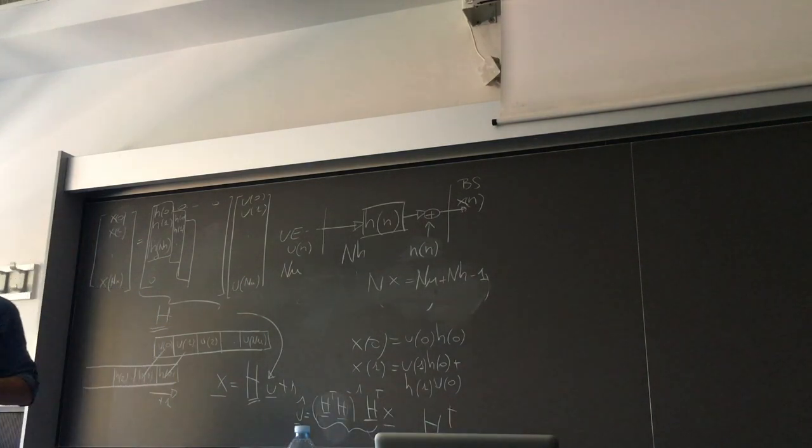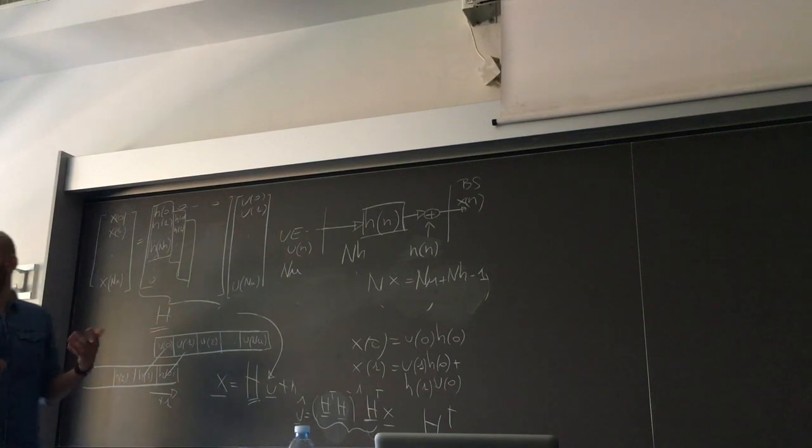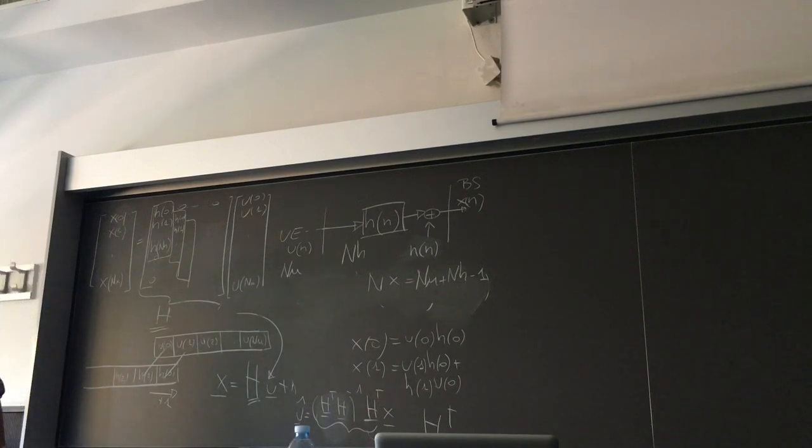Exactly. So, training signal, what does it mean? No, I'm asking you, what do you mean by training signal? Well, for example, we send an UT signal, and then we receive the XT result, and using that data, we can estimate using that formula. Exactly.